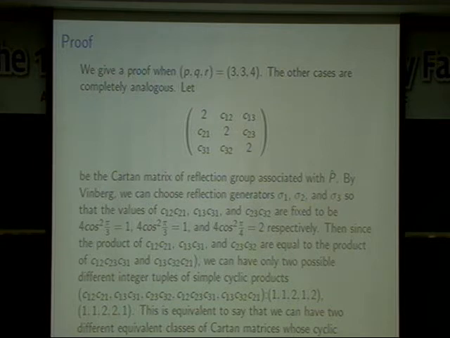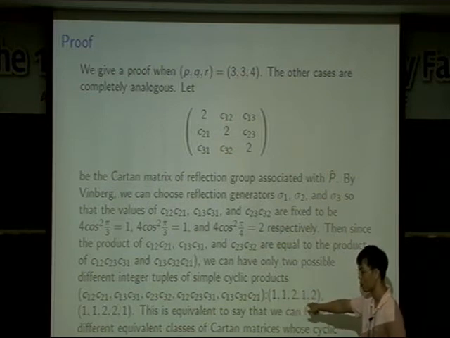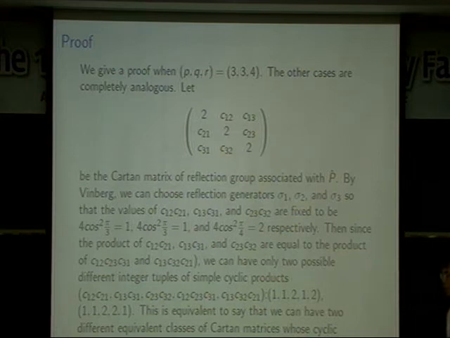Are they conjugate over SL3R? Or are they not conjugate over SL3Z? When they have these two tuples of products. The talk we just heard before this, is this saying that the deformation space has two components? No, it just says integral.